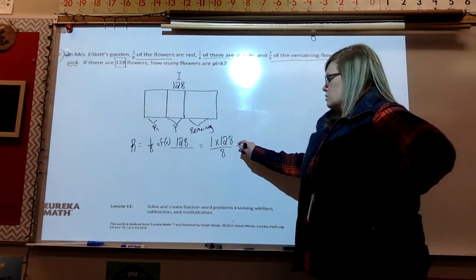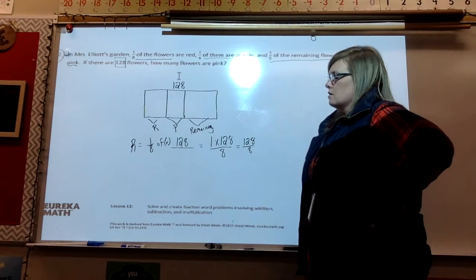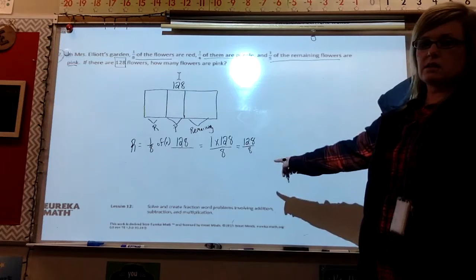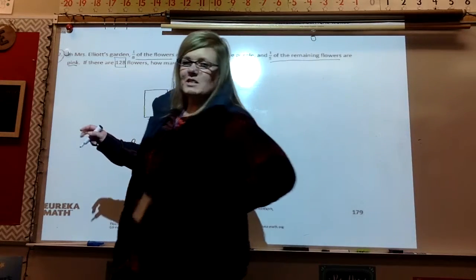So this is equal to 128 eighths, which is not a basic fact. I don't expect you to know it, but you should do a division problem to the side.